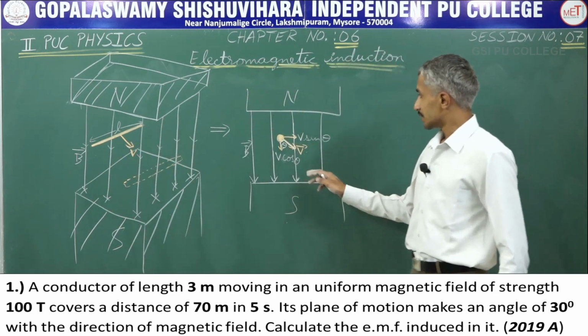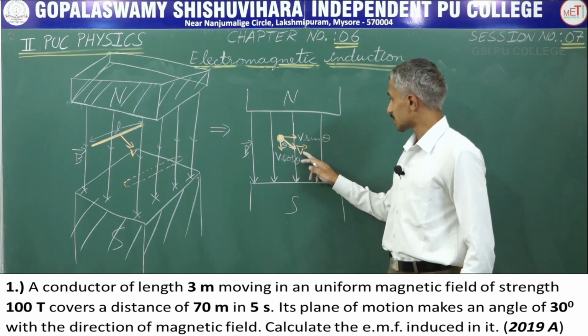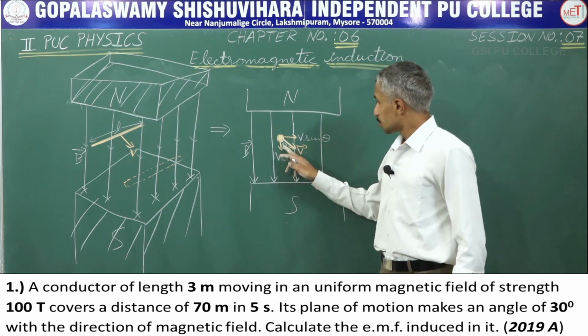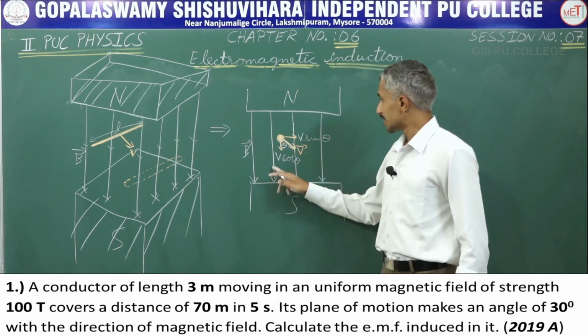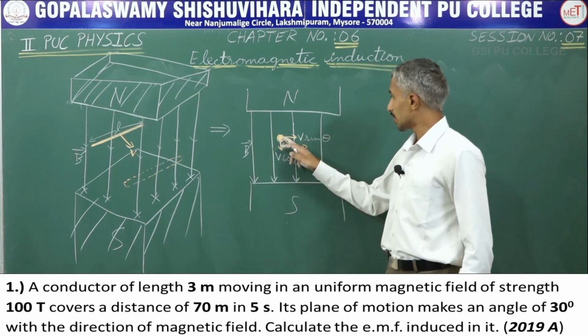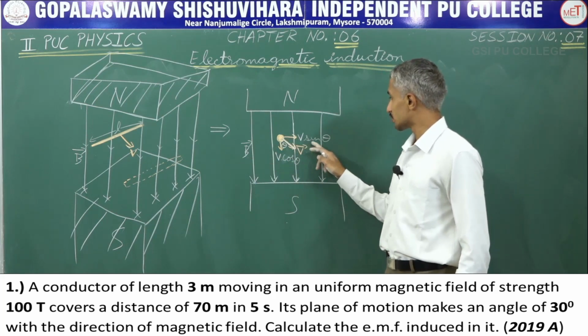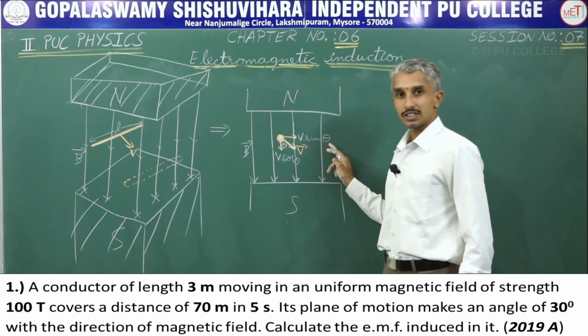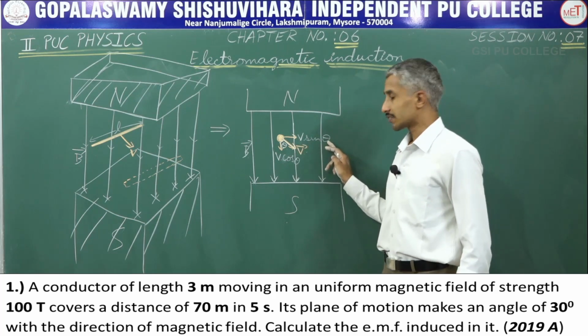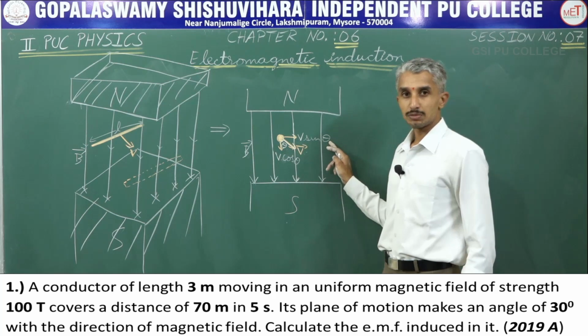This is the cross sectional view here. So if this is the direction of the velocity, the component V cos theta is in the direction of the magnetic field. The component perpendicular to the magnetic field is V sin theta. So V sin theta, the perpendicular component to the magnetic field, is the one responsible for EMF.